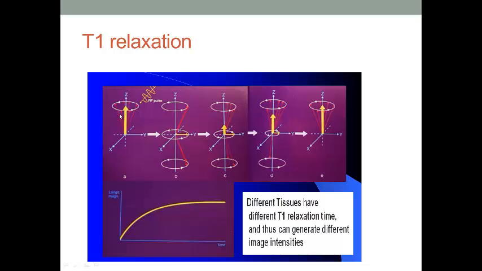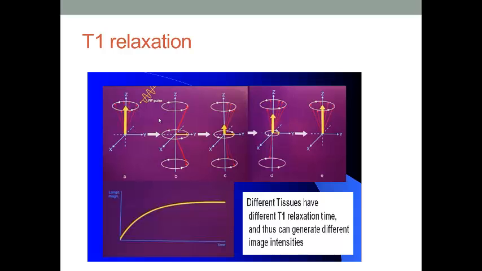The red line here, you guys see here, shows the net magnetization. That means the absolute number of the protons with the z direction is more than the number with the anti-z direction.